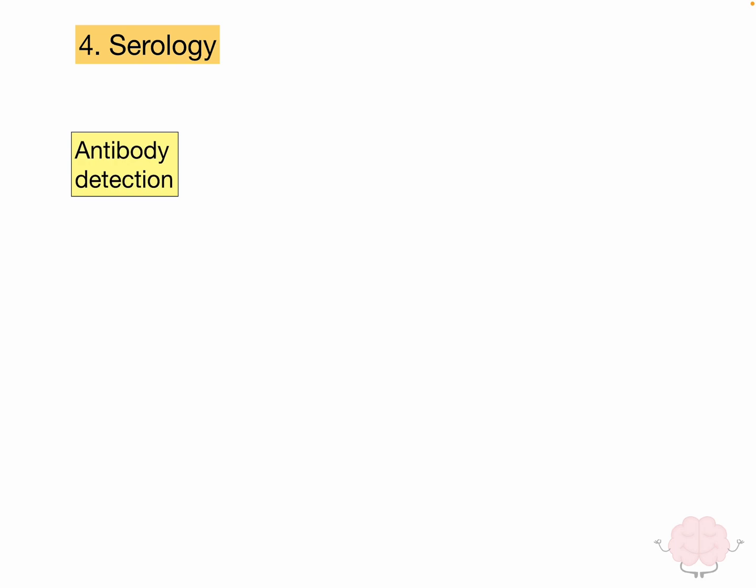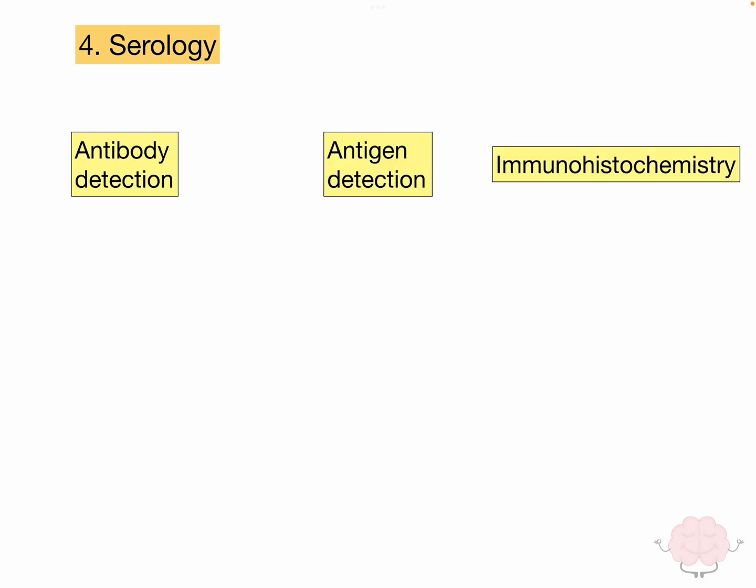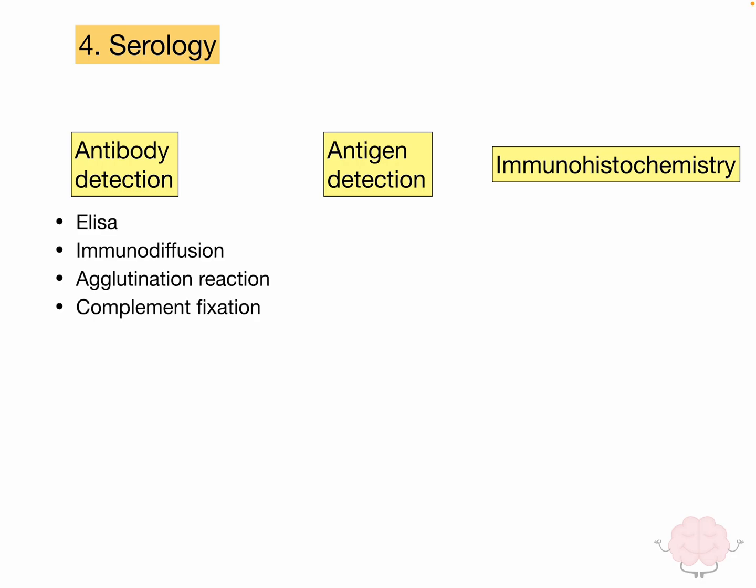In serological tests, we can detect the antibody, we can detect the antigen, or we can do immunohistochemistry of the sample. Right? Antibody detection can be done by ELISA, immunodiffusion, agglutination reaction, or complement fixation. These methods are discussed in greater detail in the chapter on antibody reactions, which will be covered in another video, so you can watch it.